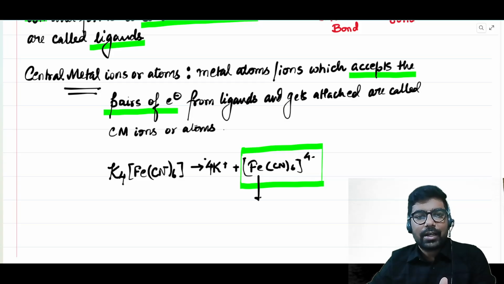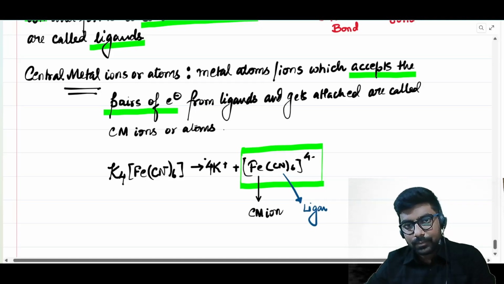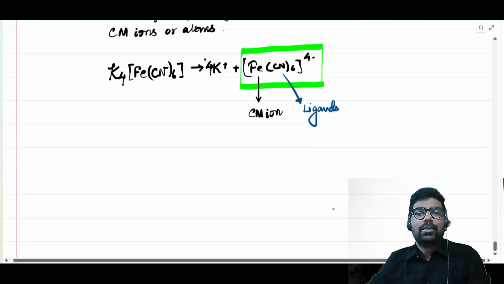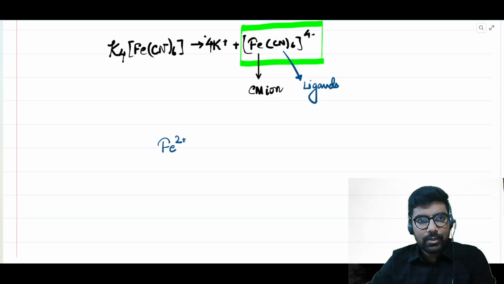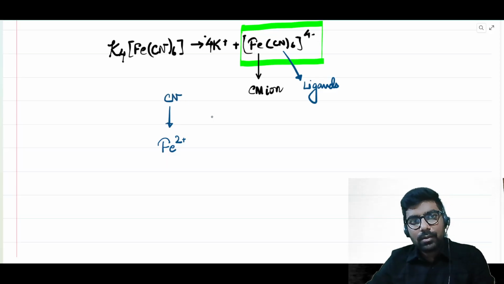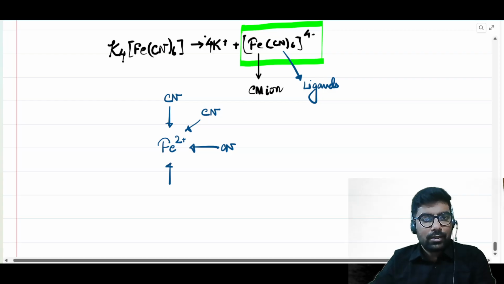What is the metal present over here? Iron. This is the central metal ion. And this CN, the cyanides are the ligands. Right? So basically what it is doing, the iron is present in +2 state. So iron is accepting the electron pairs from the ligands.